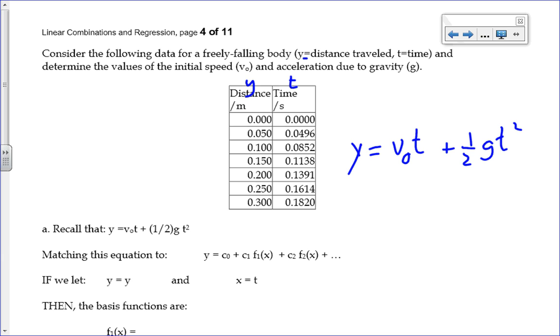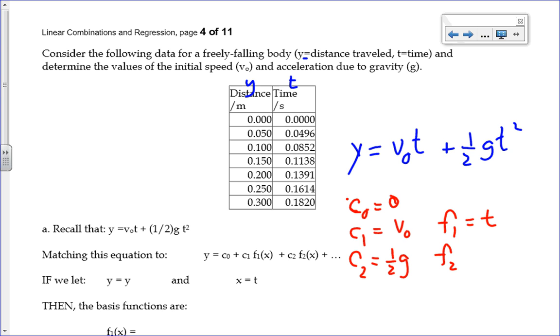What's our C0, C1, and C2 here? C0 is 0, right? What is our C1? V naught. What is our F1? T. What is our C2? 1/2 g, and our F2 t squared. Or you could say your F2 is 1/2 t squared and g will be your C2.